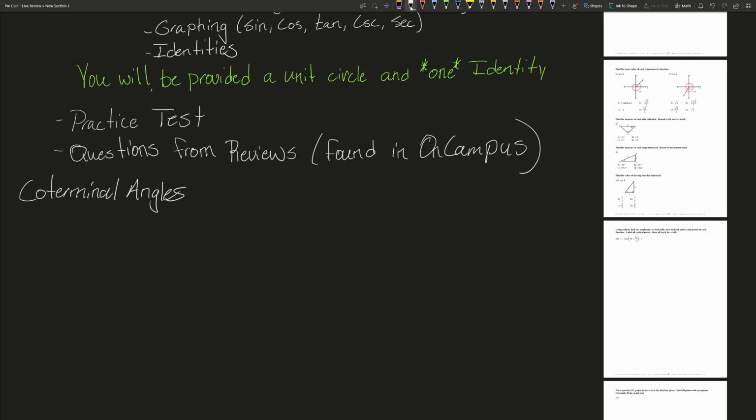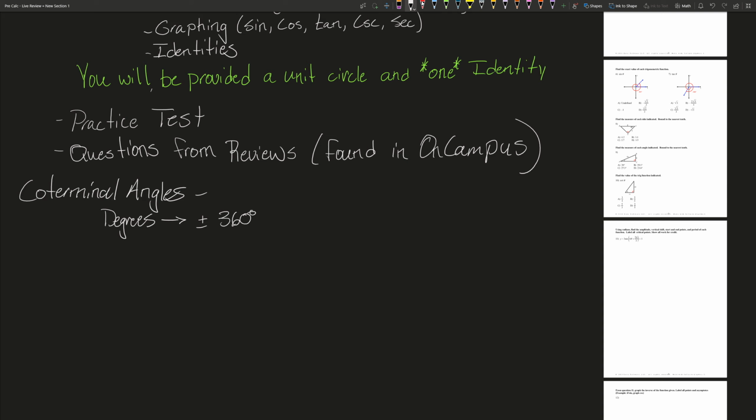To find coterminal angles in degrees, you just add or subtract 360 degrees, and whatever your answer is, that's the coterminal angle.